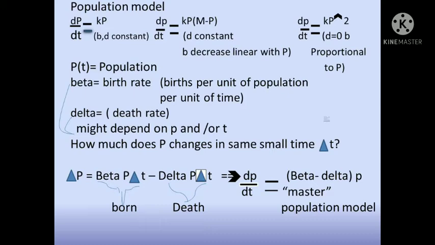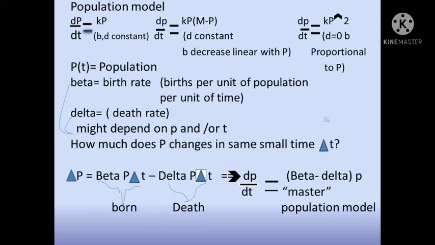We call that change delta P. It's easy to see that delta P will simply be the number of units of population born in the small amount of time delta t minus the number of units of population that died in the small interval of time.